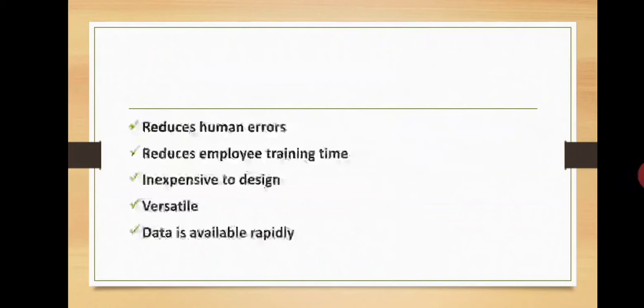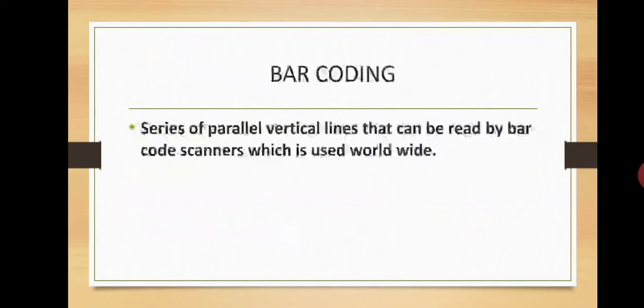These have a barcode, and it has various advantages which go like this. This reduces human errors. As I said, a barcode is a series of parallel vertical lines.